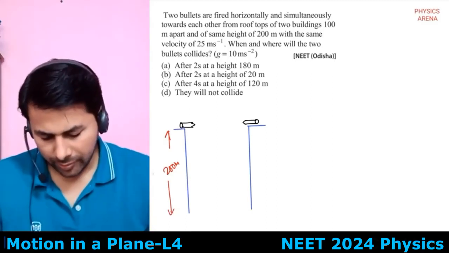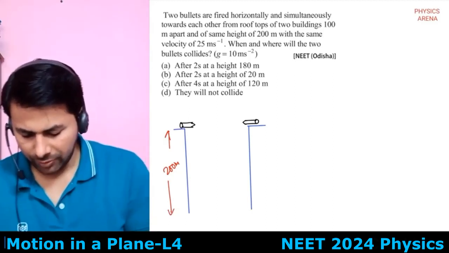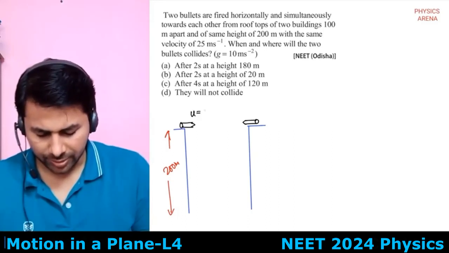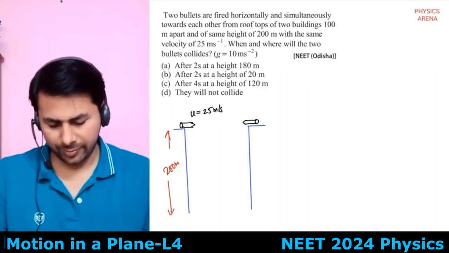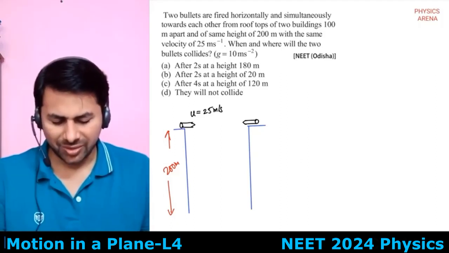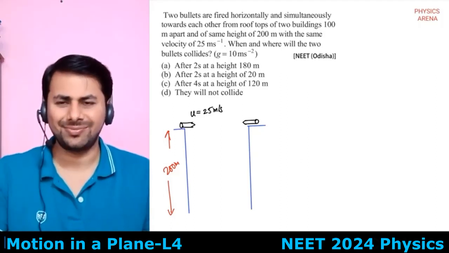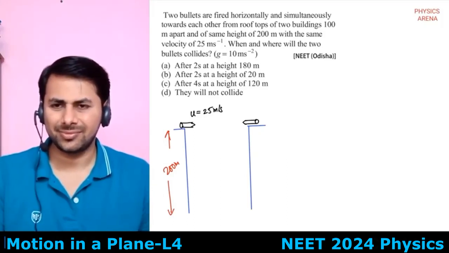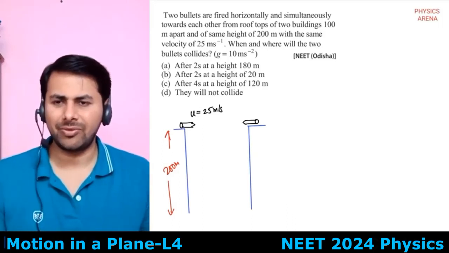Same velocity, and their initial velocity, which is in the horizontal direction, is also given. So u is equal to 25 meters per second for both of them. When and where will the two bullets collide? When will they collide?